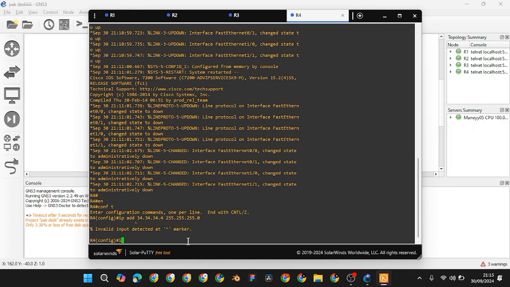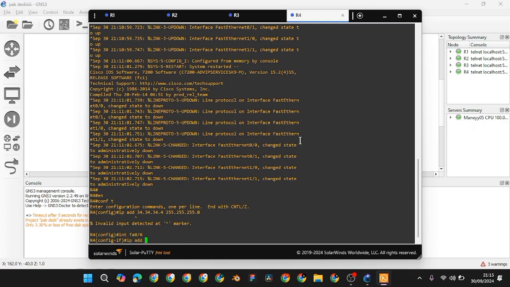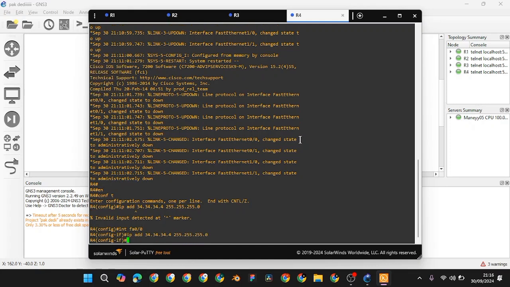Int lo0, I think it's the advertisement of the IP loopback, I don't know. And now the next configuration is router EIGRP 10.